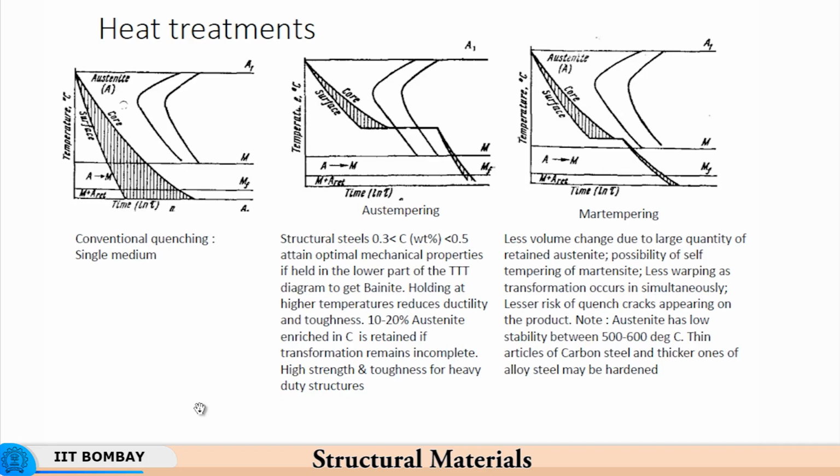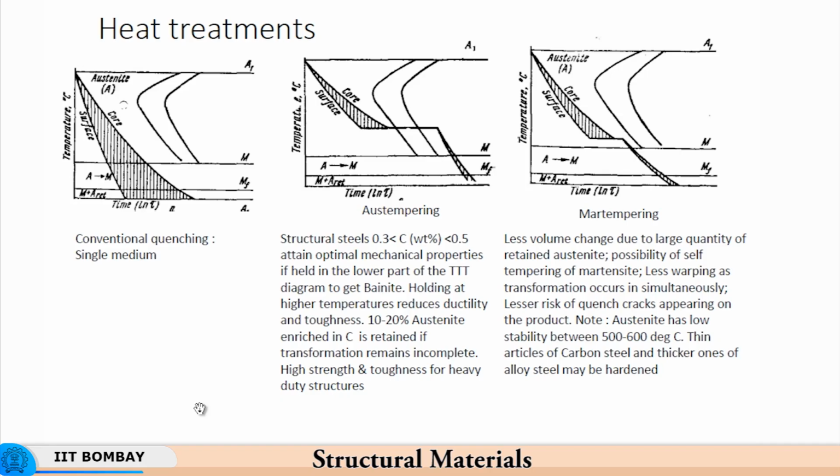Now, if you take martempering, there is less volume change due to the large quantity of retained austenite. So, the advantage of retaining austenite is also that the volume change is relatively minimal. Possibility of self tempering of martensite is possible over here.